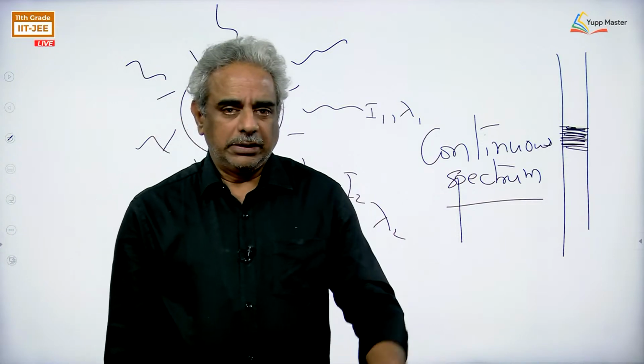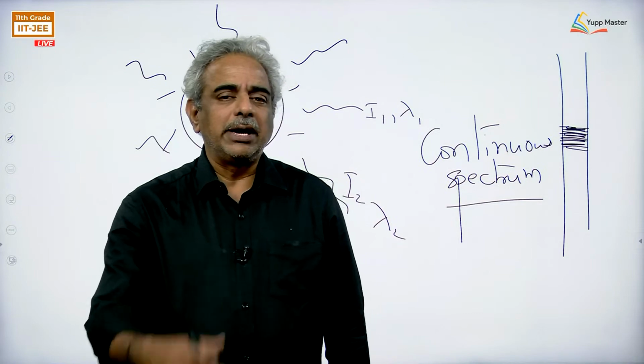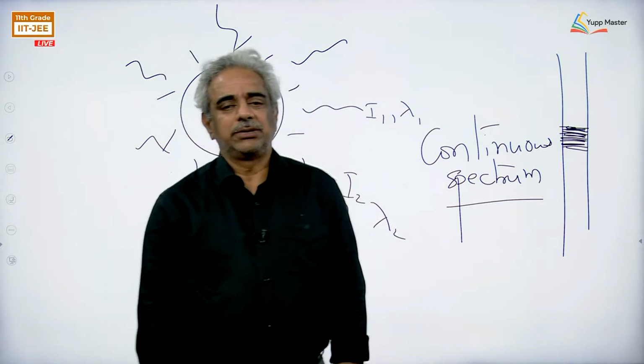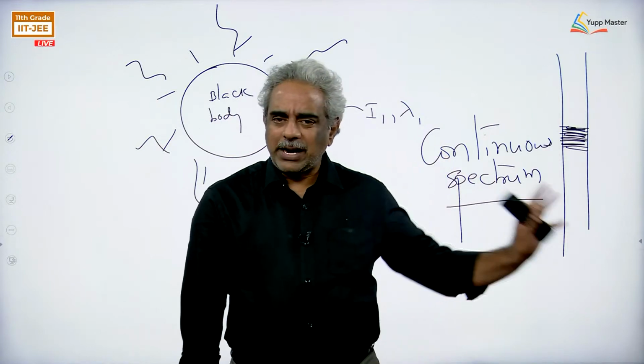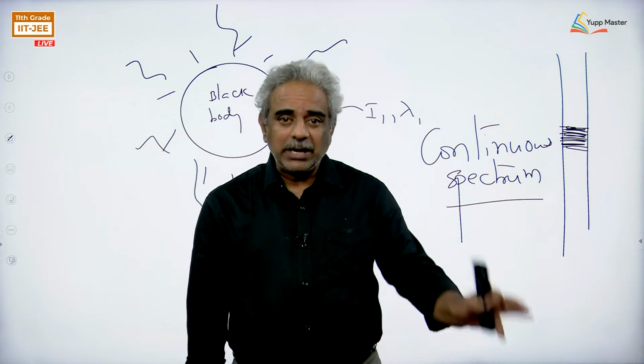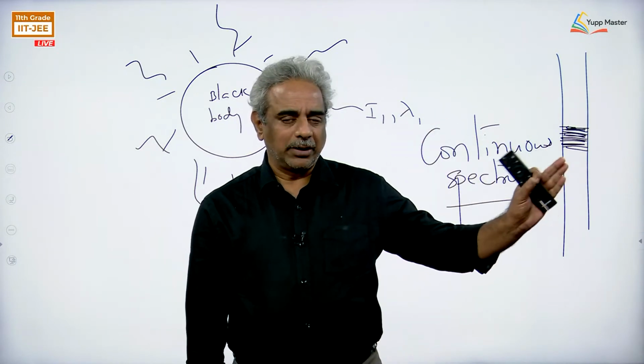So, when you heat a black body to different temperatures, you will find different radiations coming with different wavelengths and different intensities. It happened, it is a fact, it is an experiment. So, immediately what happened? You can get the spectrum.